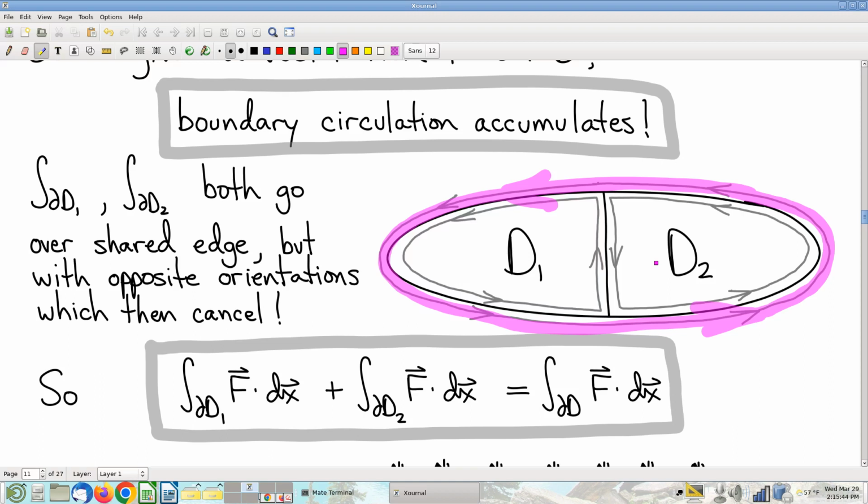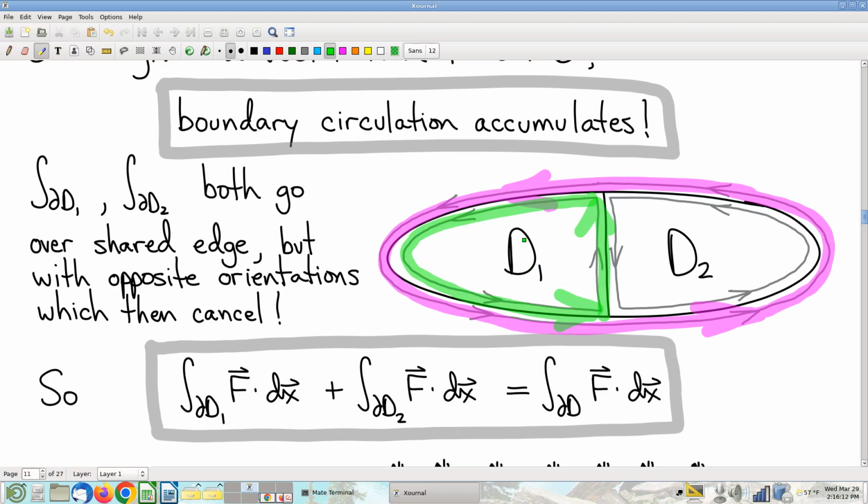Okay, now let's do it for the left piece. There's that left piece. What does boundary circulation look like here? Well, boundary circulation, again, following the rules about orientation. There you go. There's the boundary of D1. Orientations respected.